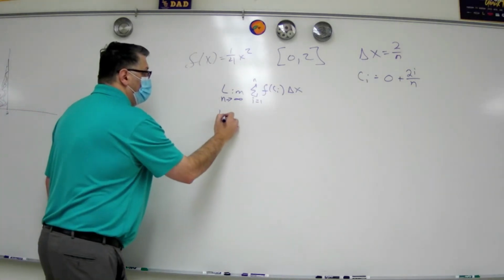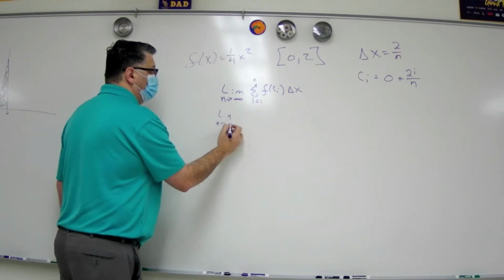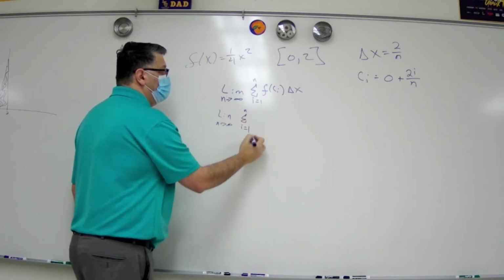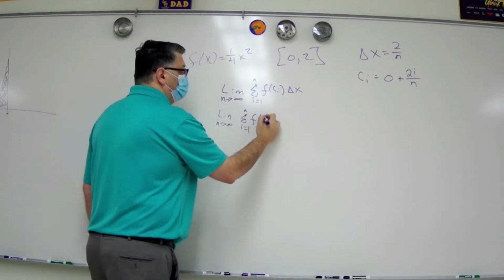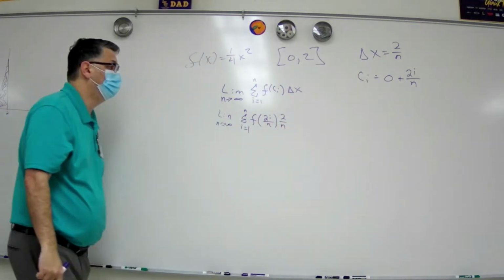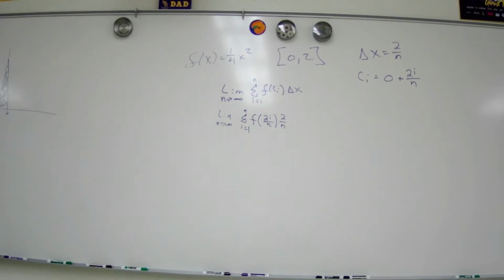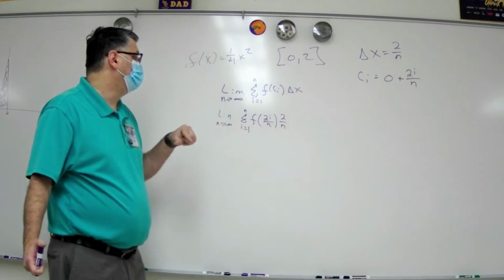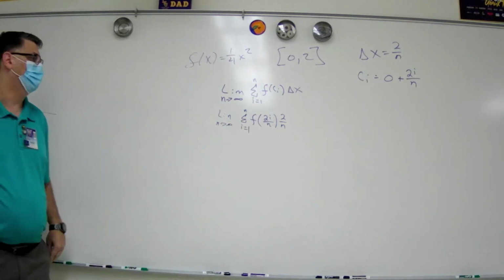So now, I'm going to do the limit as n approaches infinity of my sigma, i equals 1 to n, of my f of 2i over n, times 2 over n. Y'all good? Basic plug-in. Now, where can I put this 2 over n right here? In the front, because it doesn't have the i, we treat it as a constant.